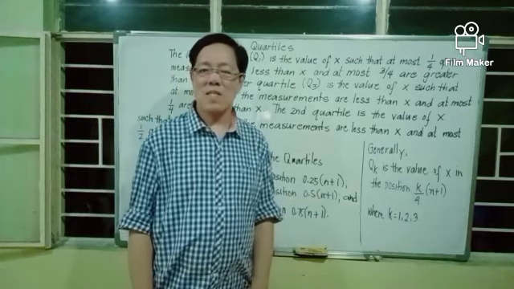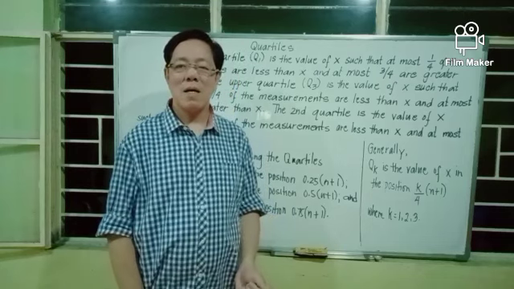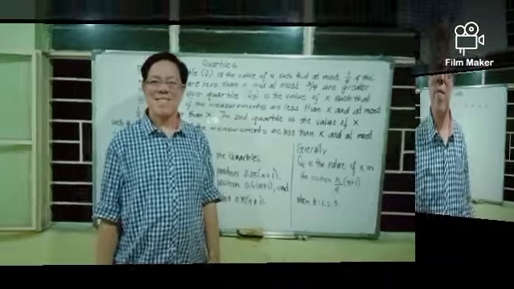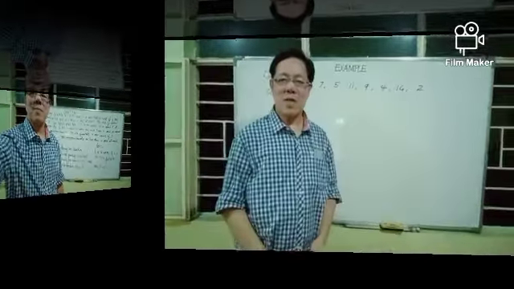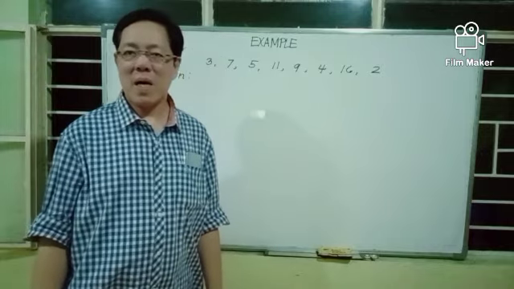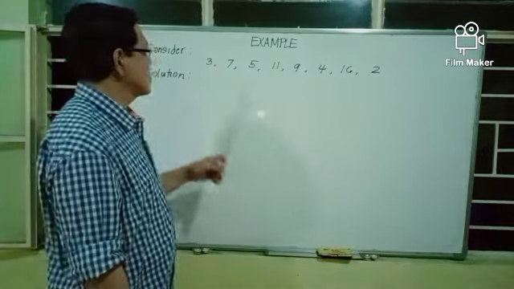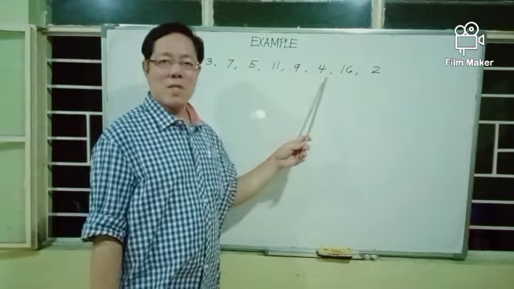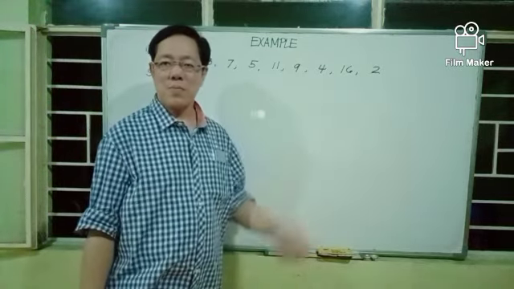Now we take some examples for calculating the 3 quartiles for ungrouped data. For our first example, consider the following given set of values or measurements: 3, 7, 5, 11, 9, 4, 16, and 2.